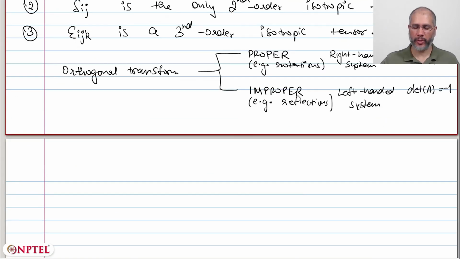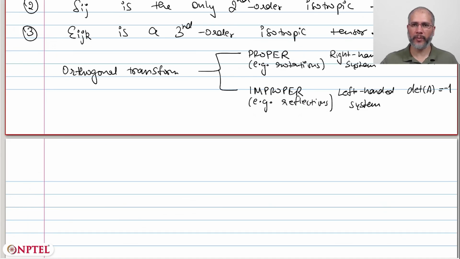So what that means is that if you were to transform epsilon to get epsilon prime, and the transform was using rotations, then epsilon prime will be equal to epsilon. But if the transformation was through reflections, then epsilon prime and epsilon will not be equal.